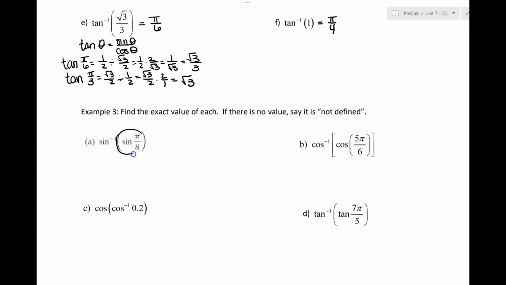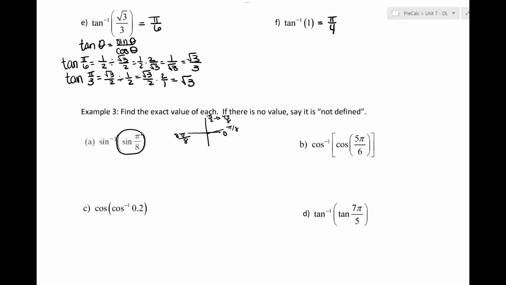So the first thing I'm going to do is look at my sine of pi over 8. If I'm on a Cartesian coordinate plane, this is 0, and this is normally pi, which if I change it to a denominator of 8, would be 8 pi over 8. So this being pi over 2, if I convert it, would be 4 pi over 8, which means pi over 8 is right here.